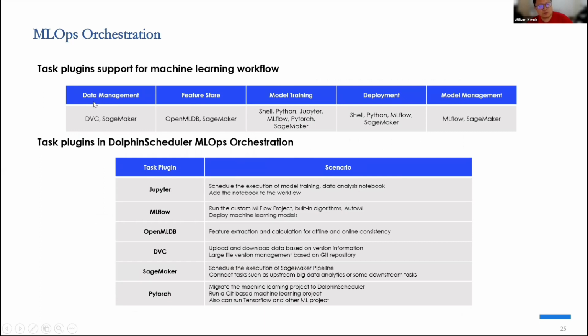Now we support data management tools like DVC, SageMaker, and feature store tools like OpenMLDB, SageMaker, and model training with Python, Jupyter, MLflow, PyTorch, SageMaker, and it can also deploy your model with Shell, Python, MLflow, SageMaker, and also do the model management. And I will introduce some task plugins shortly. Then you can use the ML orchestration tools very well.